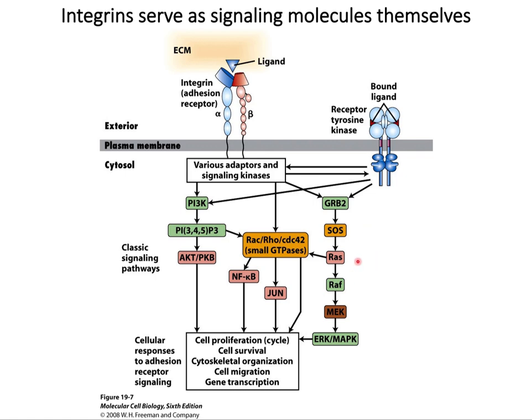RAS in turn activates RAF kinase. RAF kinase can then activate the MEK kinase, and then MEK kinase can activate the MAP kinase, which then goes to influence transcription. Interestingly, integrins can activate the same pathway, and integrins can also activate other pathways as shown right here.